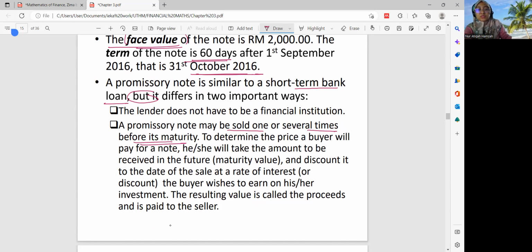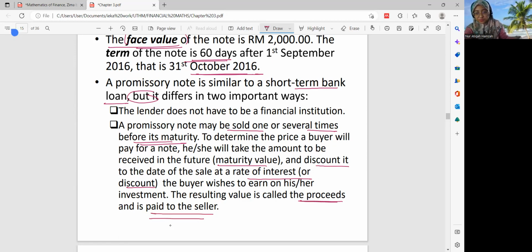To determine the price a buyer will pay for a note, he or she will take the amount to be received in the future and discount it to the date of the sale at a rate of interest or discount that the buyer wishes to earn on his or her investment. The resulting value is called the proceeds and is paid to the seller.